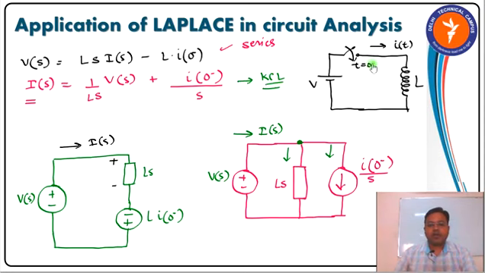So we have devised the two equivalent circuits of a charged inductor. A charged inductor can either be thought of as a series combination of an impedance and a voltage source whose value is Li of 0 negative, or as a parallel combination of impedance Ls and a current source whose value is I of 0 negative by S. You need to remember it is your choice whether you replace this charged inductor with this or with this in your circuits to simplify.